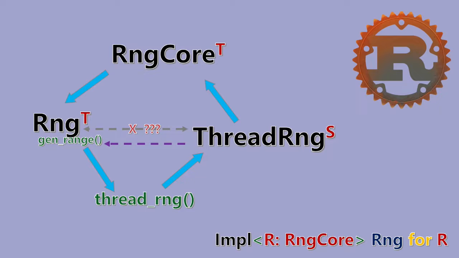So up to this, RngCore is implemented for ThreadRng, and trait Rng is an extension trait. It requires RngCore.